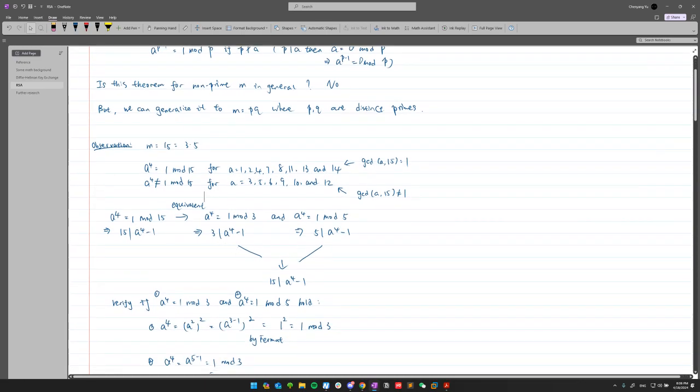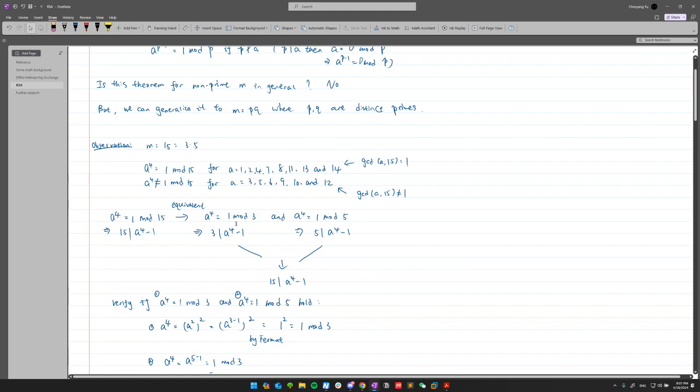The idea behind this is that this equation is equivalent to saying 15 divides a to the fourth minus 1. And you can look at the decomposition into the mod 3 and mod 5 cases.